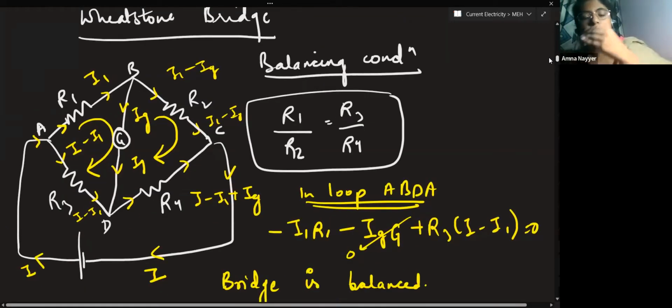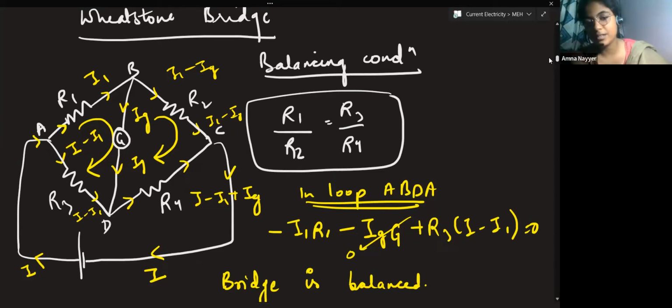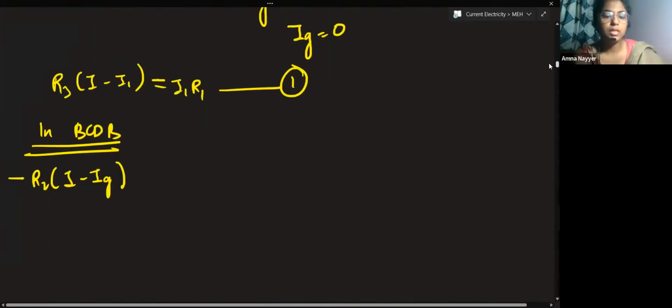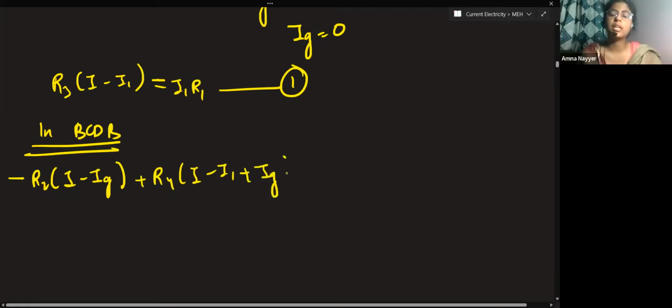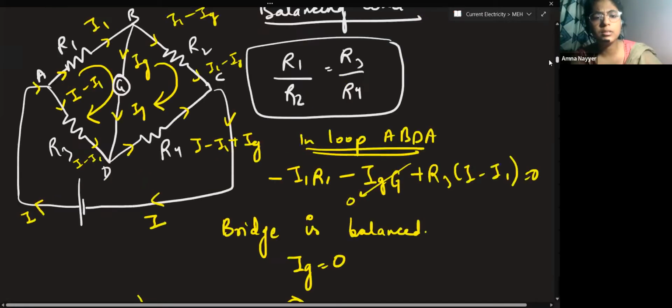Then moving from C to D, we are moving in opposite direction. So that becomes positive. So this will be plus R4 (I minus I1 plus Ig). Any other variable is left? I think this much. Oh no, the galvanometer and resistance is left.